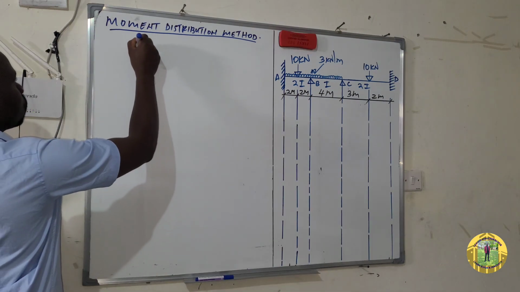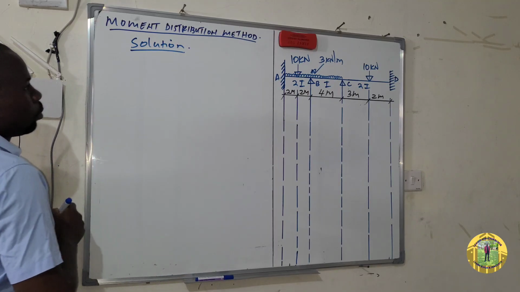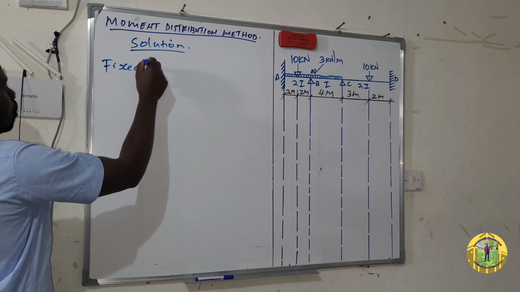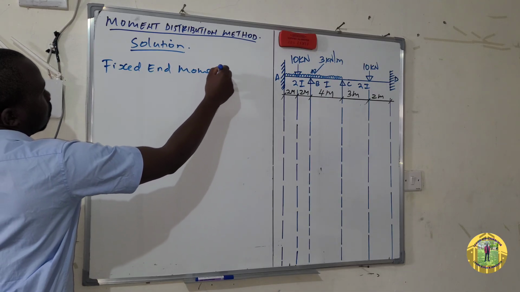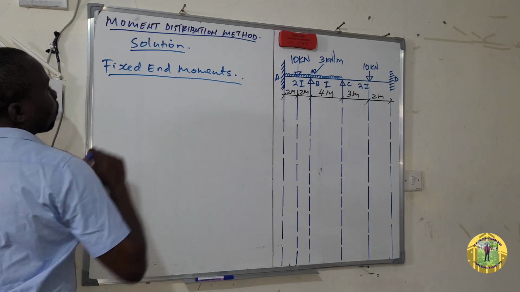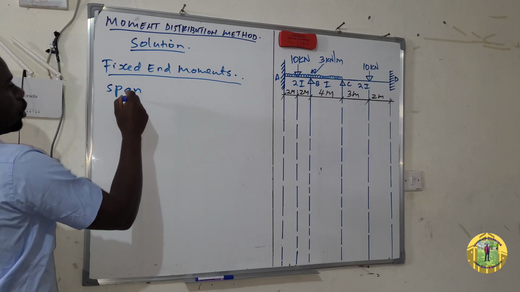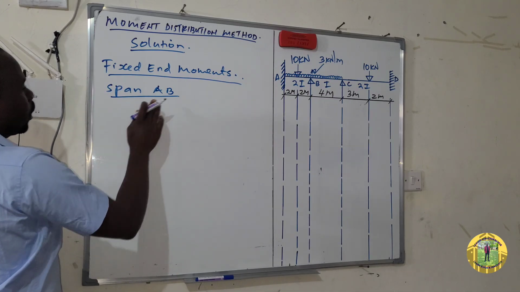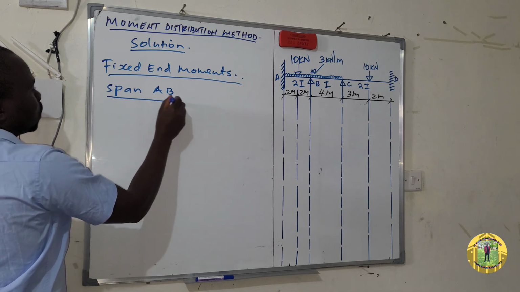Solution. We'll begin with fixed end moments, starting with span AB. For span AB, we'll assume it is fixed at both ends.